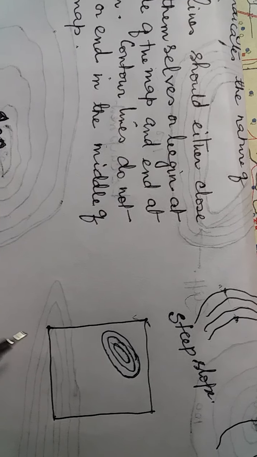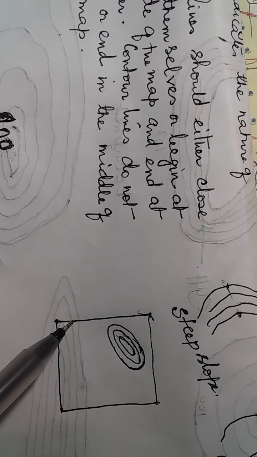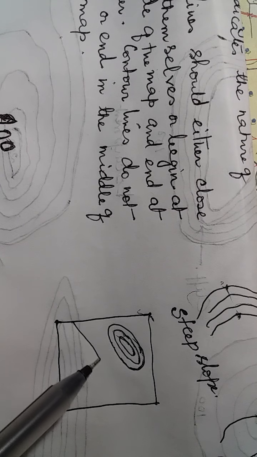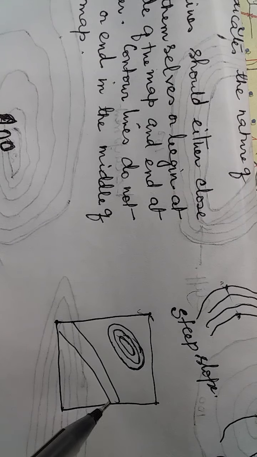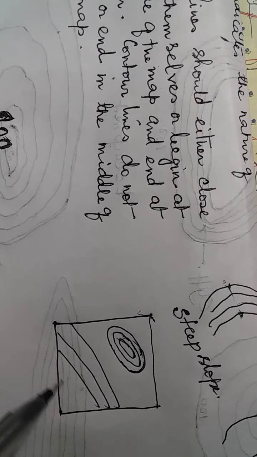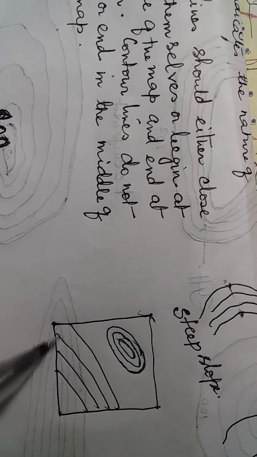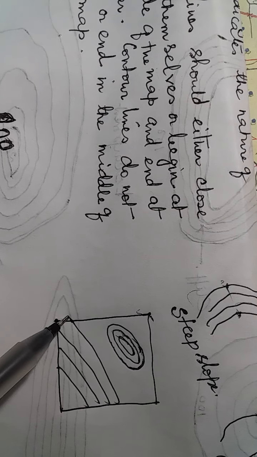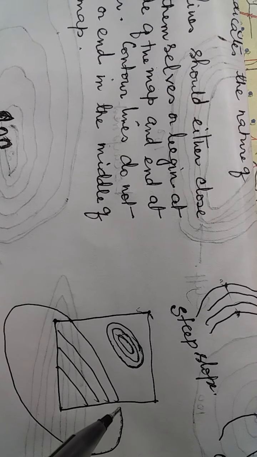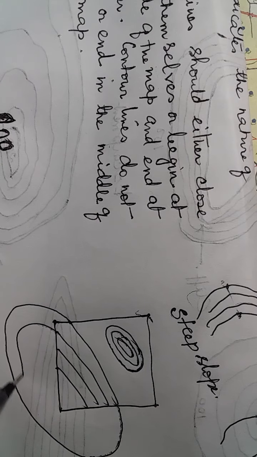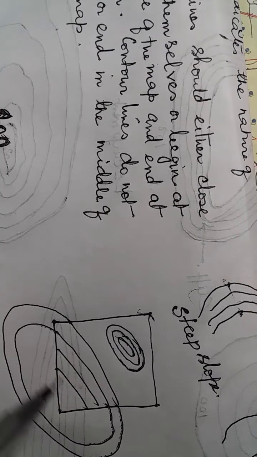Or you may see a contour line entering from one side and leaving the map from another side, like this. Actually, this contour is enclosing outside the extract.